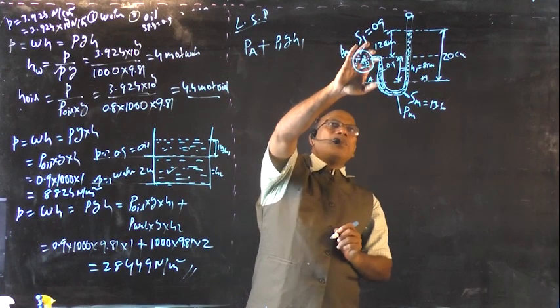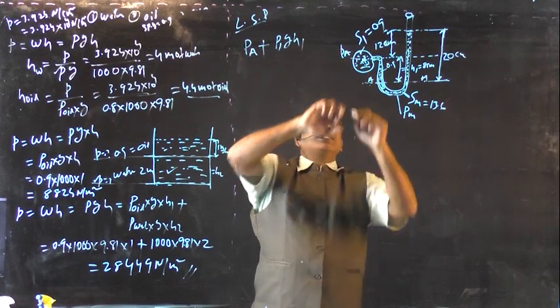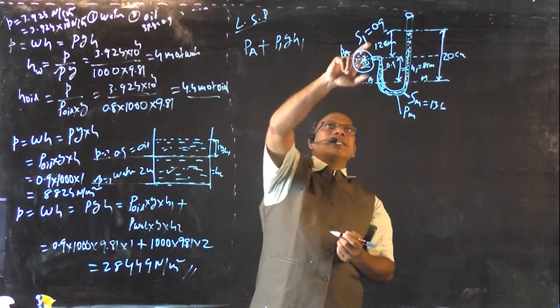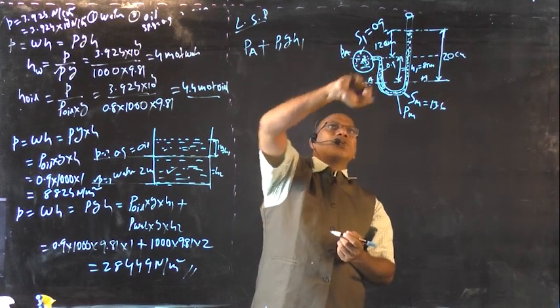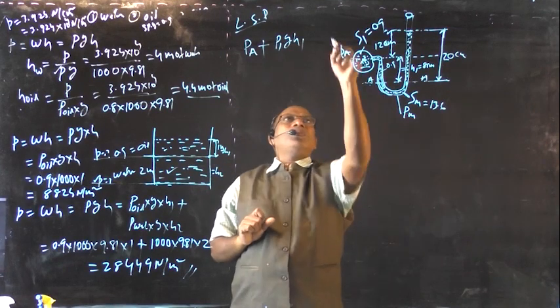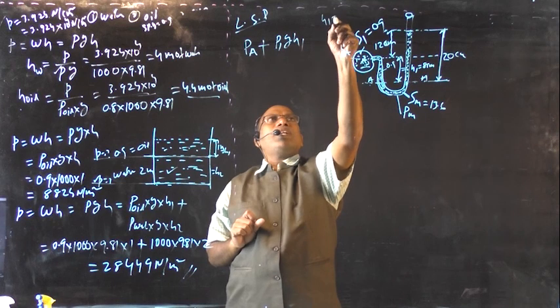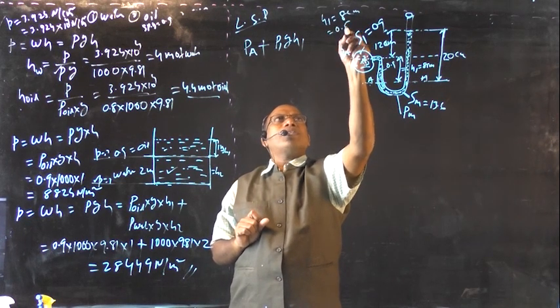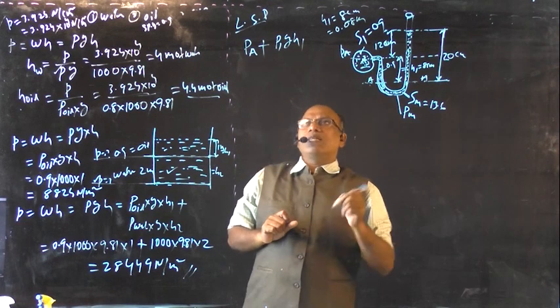Rho is not given, that we are going to determine. S1 is given, equal to 0.9. H1 is equal to 8 centimeters, that is 0.08 meters.